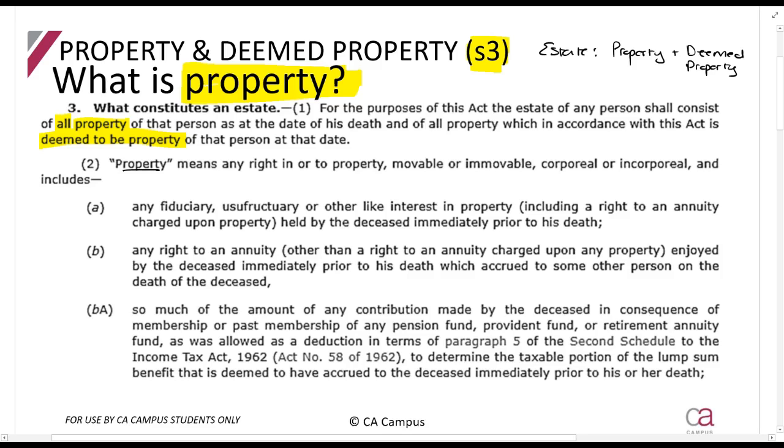Property means any right, look at that word, any right, in or to property which is movable or immovable, corporeal or incorporeal, and it includes a couple of things. So let's just first talk about this first bit. This is a very broad definition.